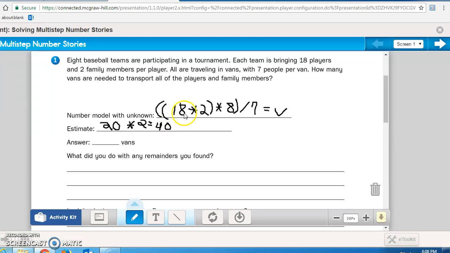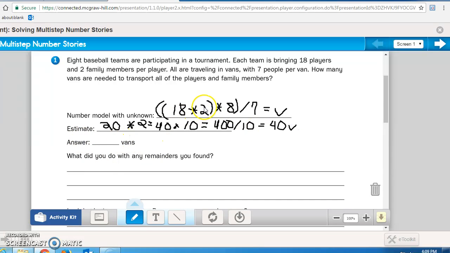Then I would take 40 and I'm going to round 8 to 10 times 10, which would give me 400. And then I'm going to divide by 10, which gives me approximately an estimate of 40 vans. So what's my real answer?